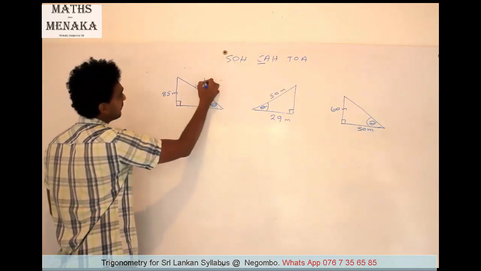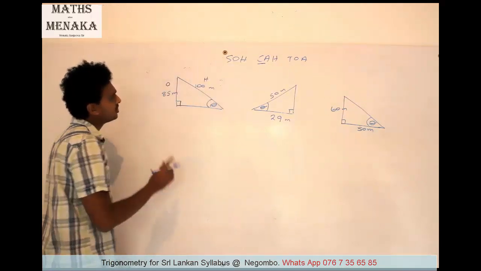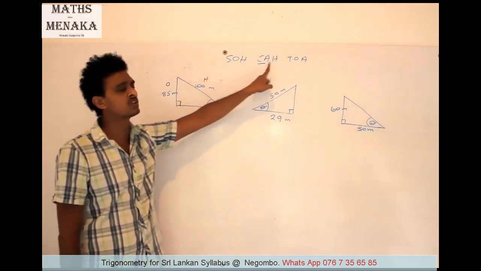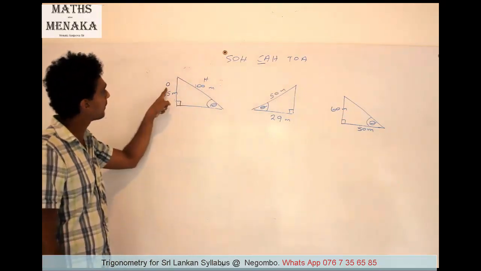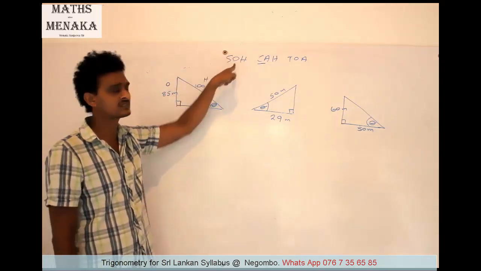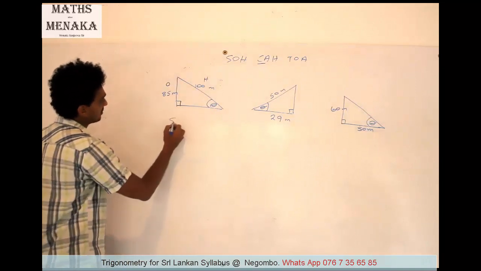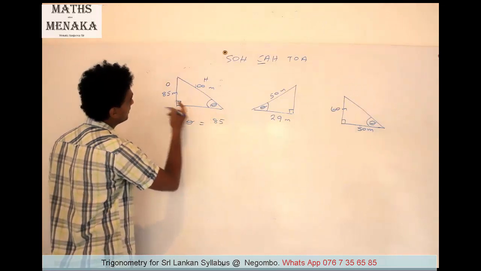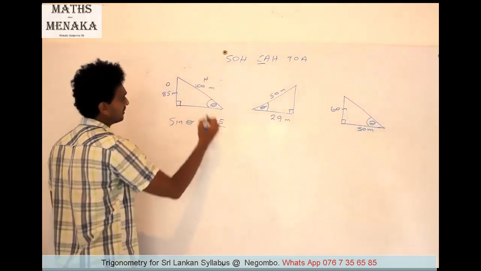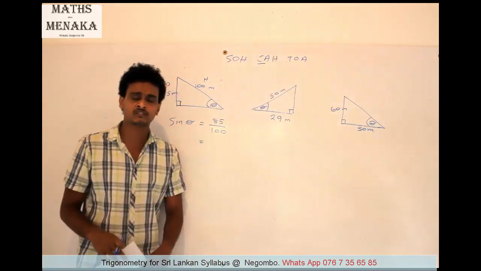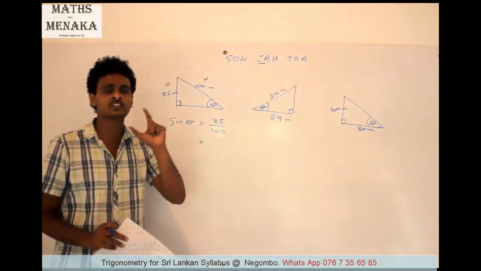So this is the hypotenuse. You have to decide which one to use, sine, cos or tan. You can easily say opposite, hypotenuse. So you have to use sine. Sine theta equals 85, opposite, divided by hypotenuse, 100. Now in a trigonometric question, when you are dividing, you have to divide to 4 decimal places.